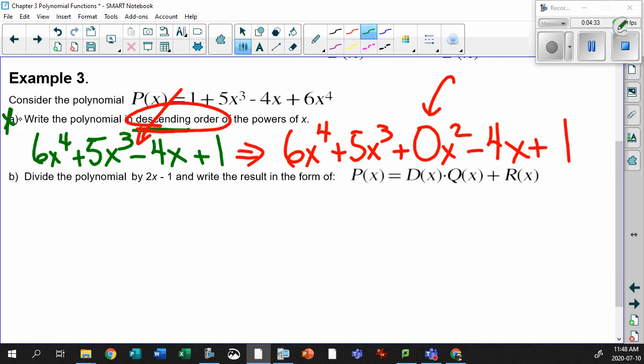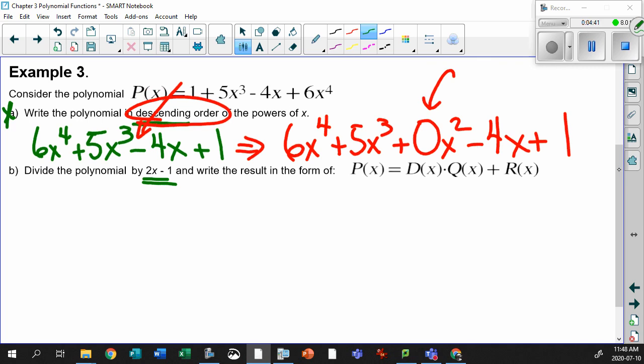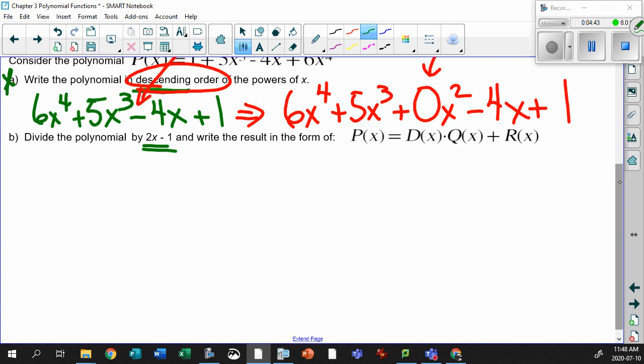Very cute. Now, we're going to divide this by this ugly mess here, 2x minus 1. Oh, we are in for a treat. Let's go. So here we go. 2x minus 1, going to pop it in there. Boom.